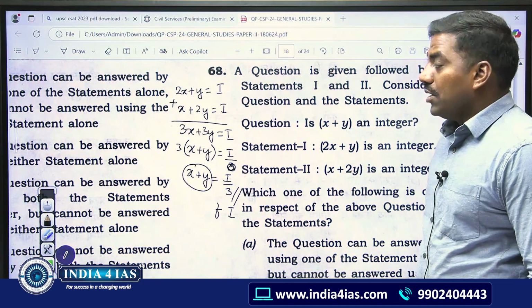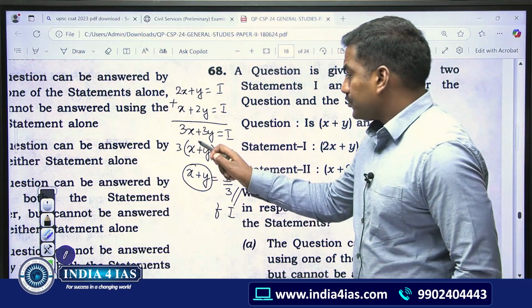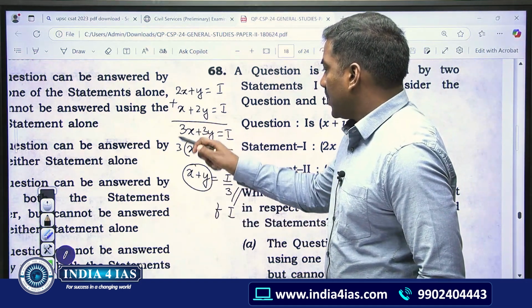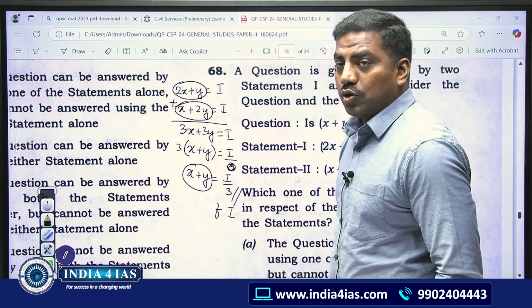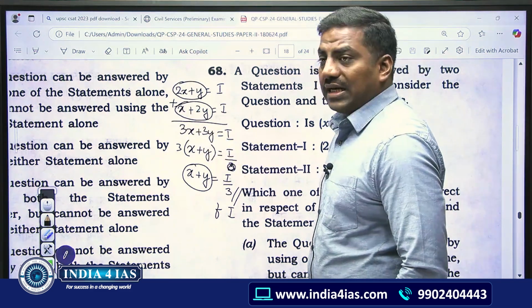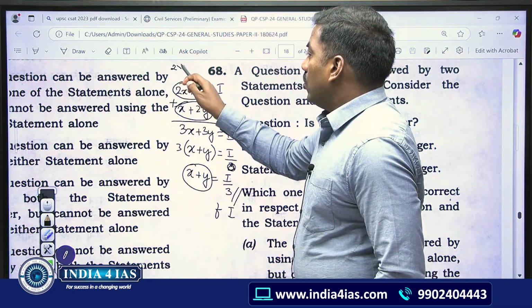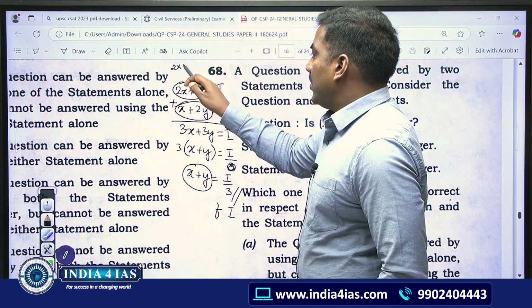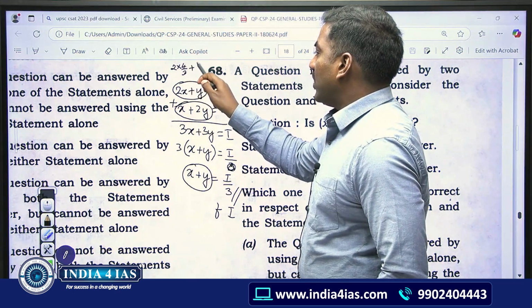I cannot prove that. For example, let's say 2x plus y is an integer and x plus 2y is an integer. Let's say here 2 into 4 by 3, and y is 1 by 3.